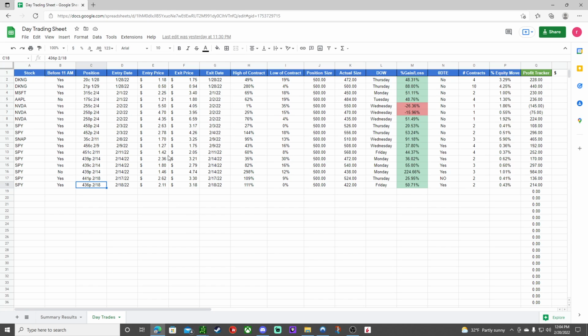Now, how am I calculating these entries and exits? I'll show you. So let's just go to SPY. I believe that was like the 436 put for the 18th, right?